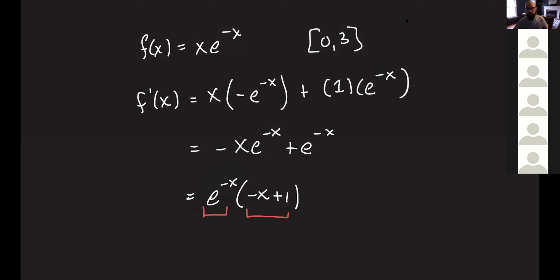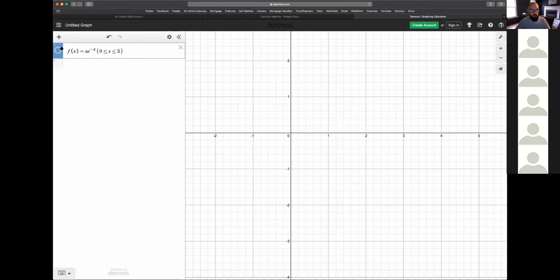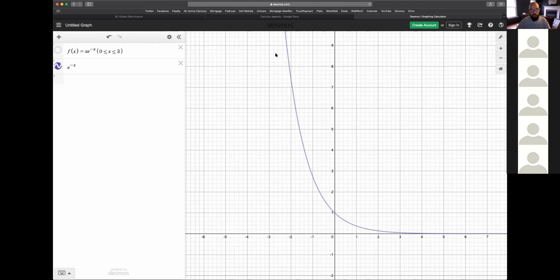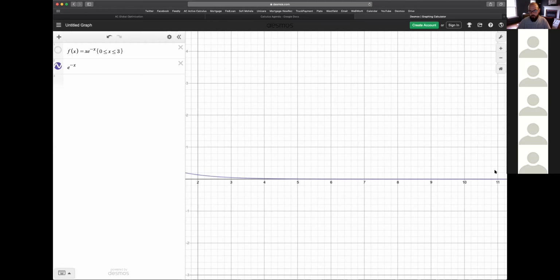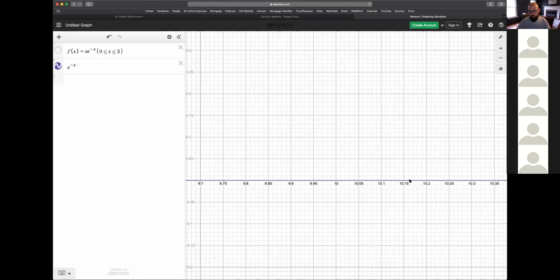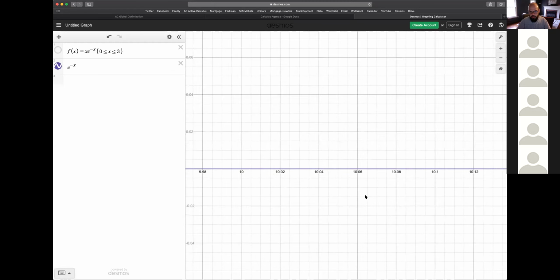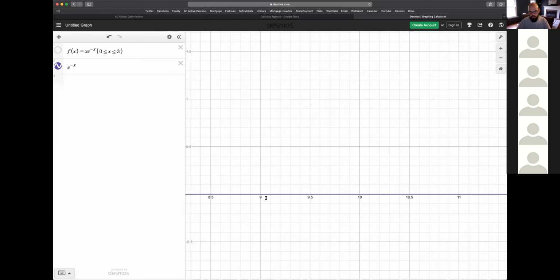One way to think about that is to graph it. We could separately graph this function e raised to the minus x. You can see that when you plug in negative numbers, you get things that are really, really big. When you plug in positive numbers, you get things that are really small, but they never go negative, and so they never become 0.